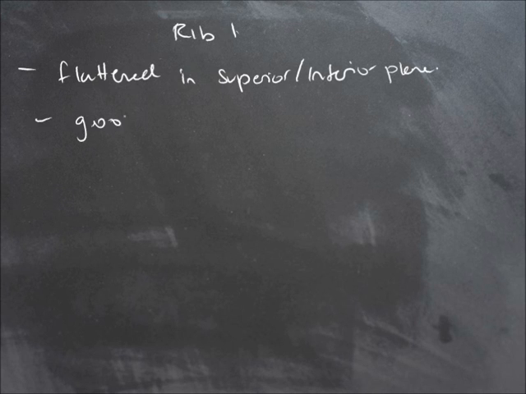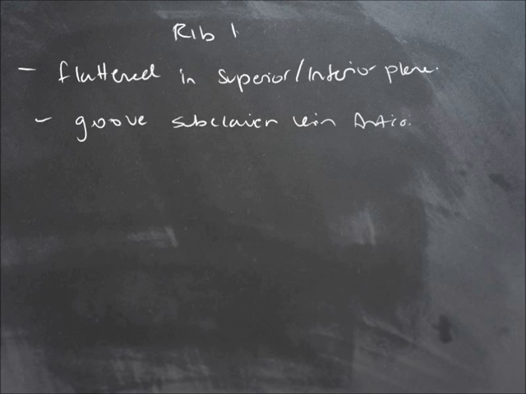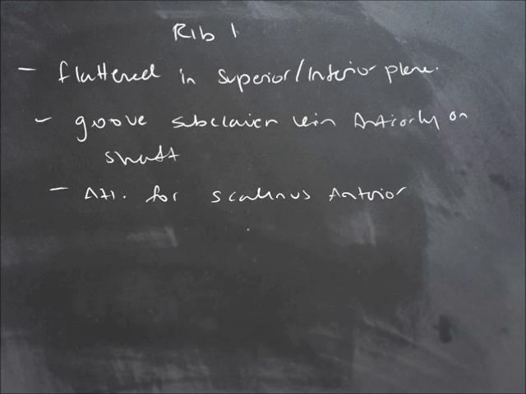It has a groove for the subclavian vein anteriorly on the shaft. Then it has the attachment for a muscle called scalenus anterior.